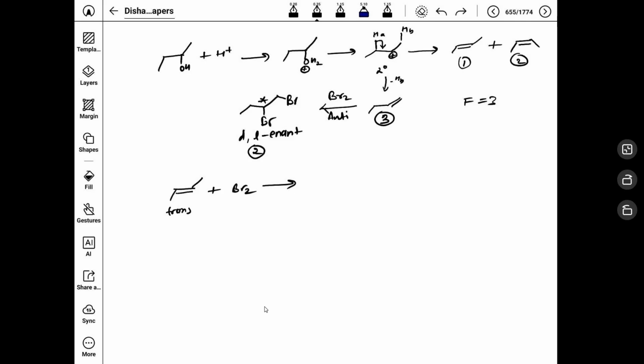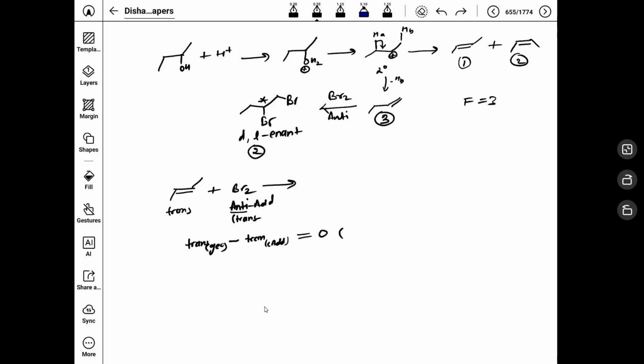But the trick to remember that, I told you in my last video how to remember this, and I always use a mathematical analogy. So what is this mathematical analogy? I want to tell you again. We know that this is anti-addition reaction, and let's call it trans addition reaction. So I use my mathematical analogy: trans geometry minus trans addition gives 0.